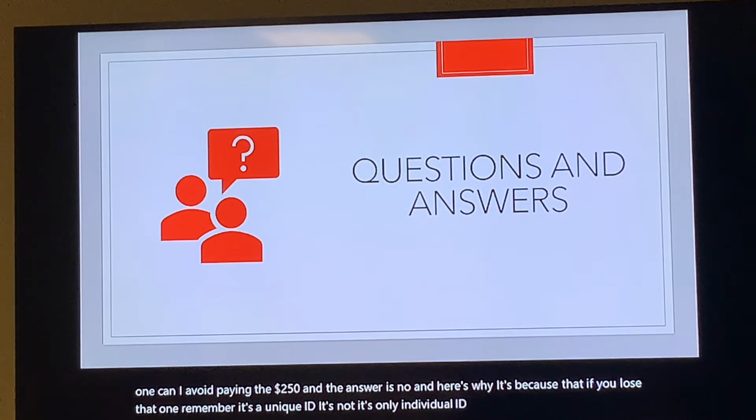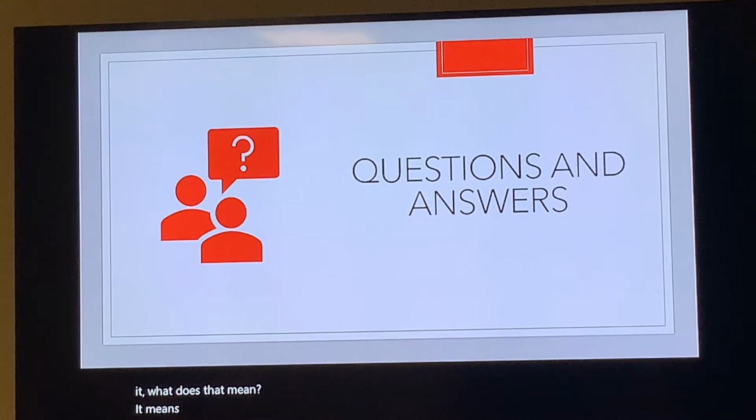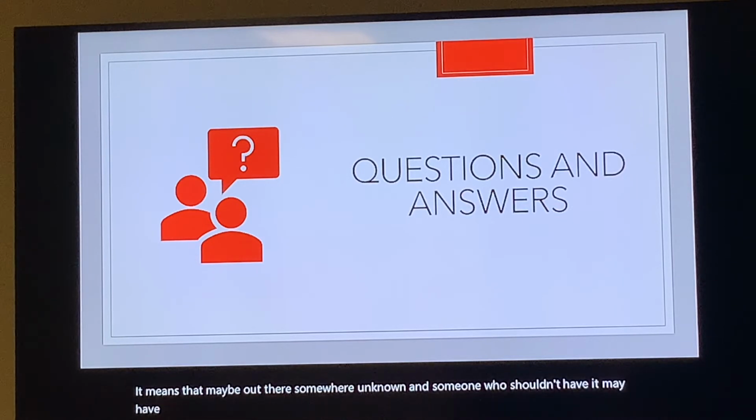And so if you've lost it, what does that mean? It means it may be out there somewhere unknown, and someone who shouldn't have it may have it, and you've given them access to every exterior door in our community.